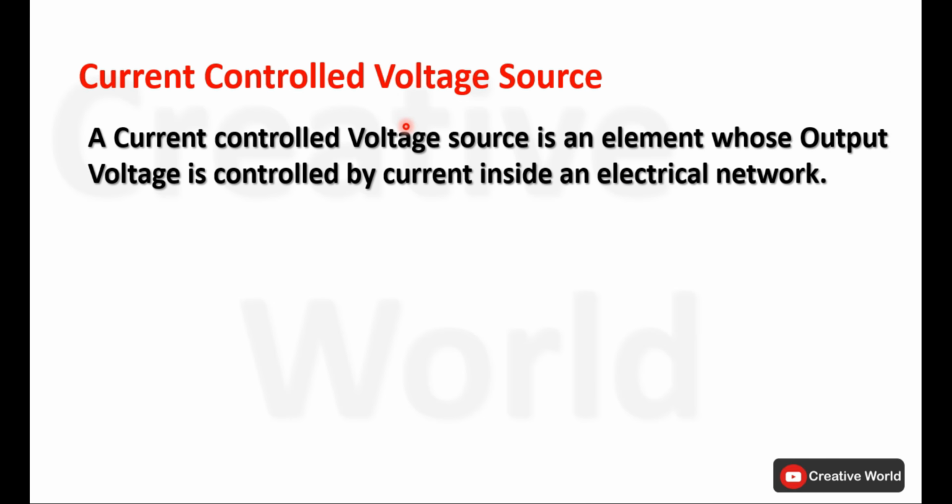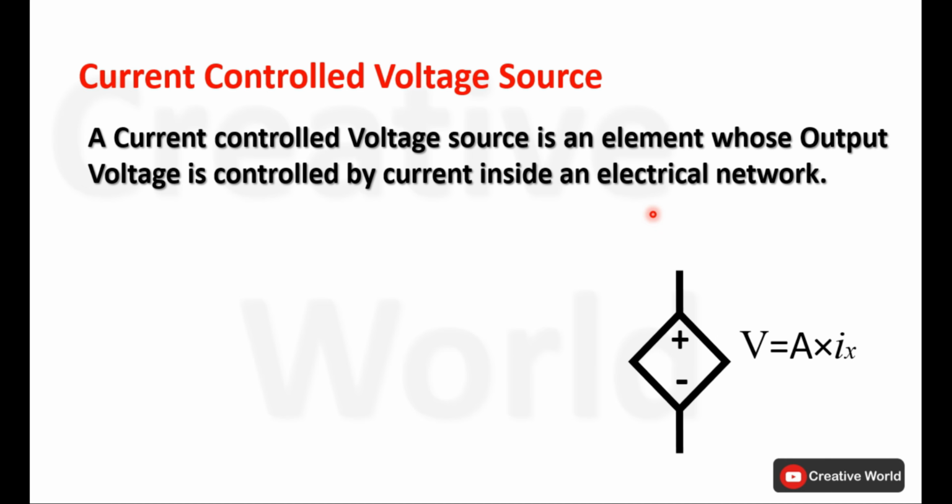A current controlled voltage source is an element whose output voltage is controlled by current inside an electrical network. This is a dependent voltage source whose output voltage is being controlled through the current of an element inside a network.